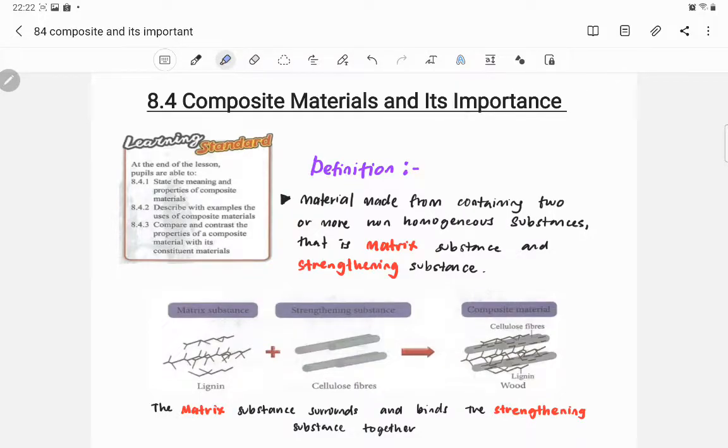So today we're going to discuss subtopic 8.4, composite material and its importance. First, let's go through the learning standard for this subtopic.